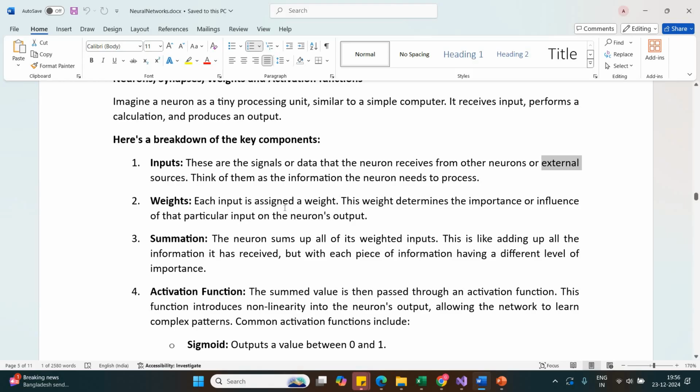Okay. Now comes the weight. Every input that you provide has a certain weight. When you are providing a cat image, what is more important to identify a cat?